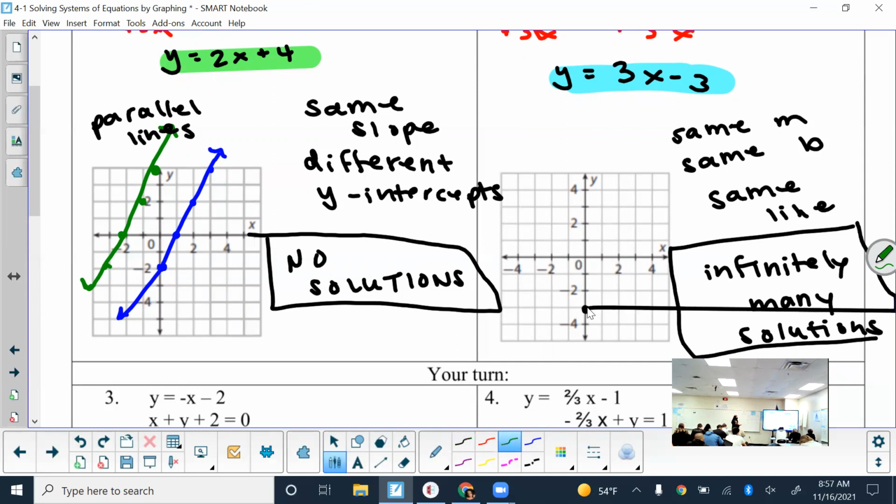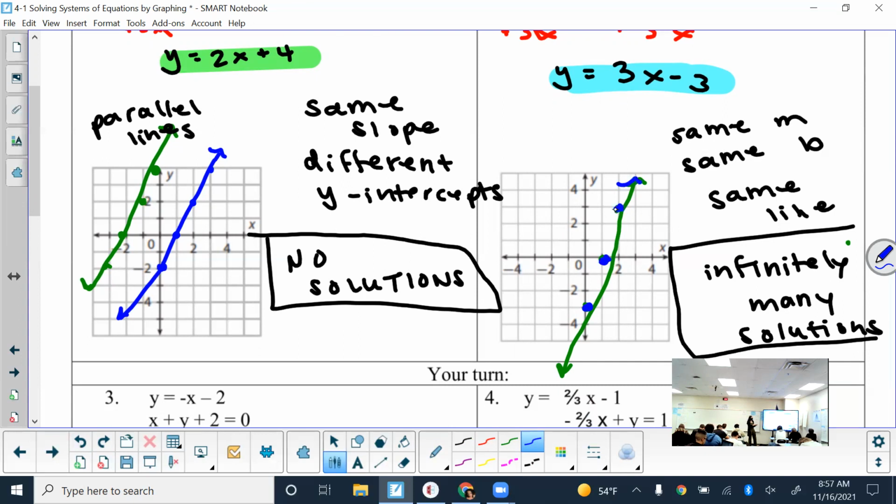Okay, so y-intercept. All right, so y-intercept is -3. Slope is +3, so going up 3 to the right 1, up 3 to the right 1. And then when we graph the other one, oh look, it's exactly the same, touching all the same dots.